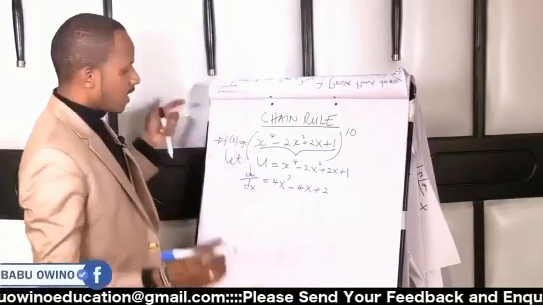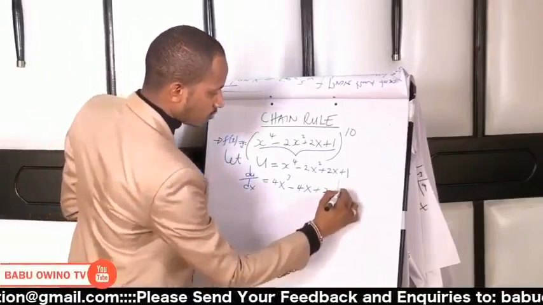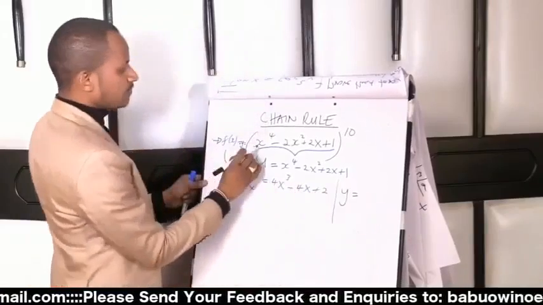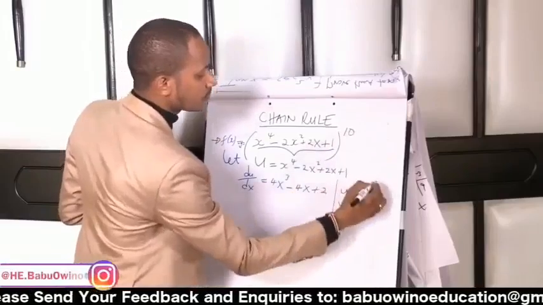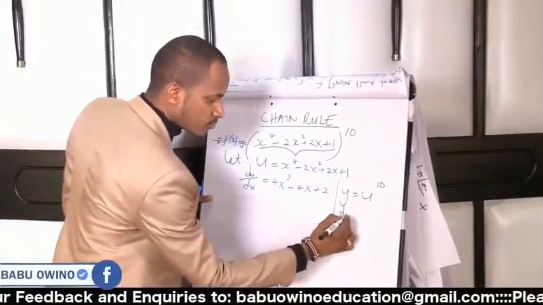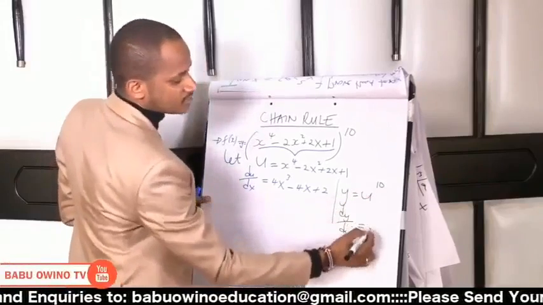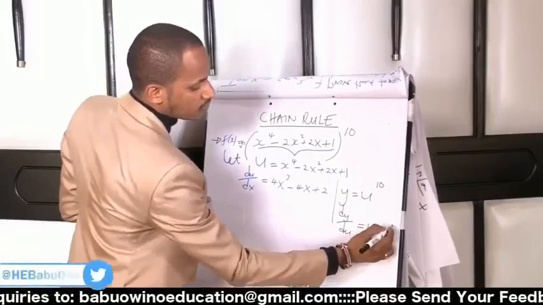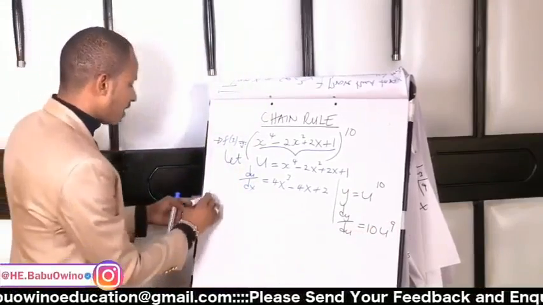Then our initial function y equals, if we let the whole of this be u, you just say u raised to power 10. Therefore, dy du equals 10u raised to power 9.